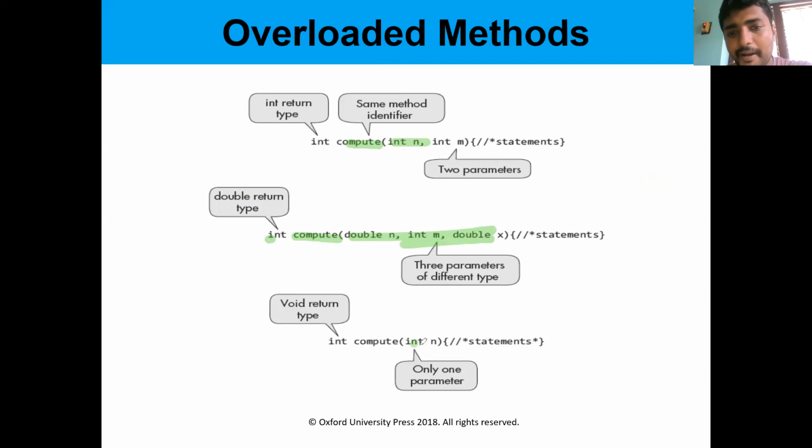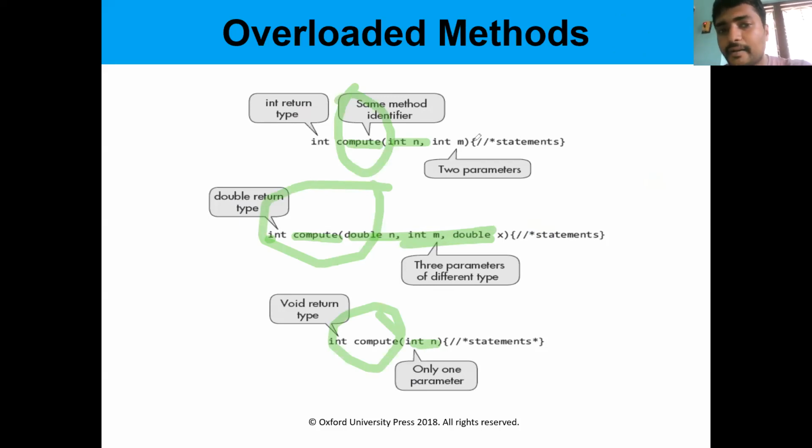Here only a single parameter is declared, but here there are two parameters. This is also method overloading. The method name is the same in all cases, but in method overriding, all things are the same: return type, method name and parameter list. That is method overriding, and this is method overloading.